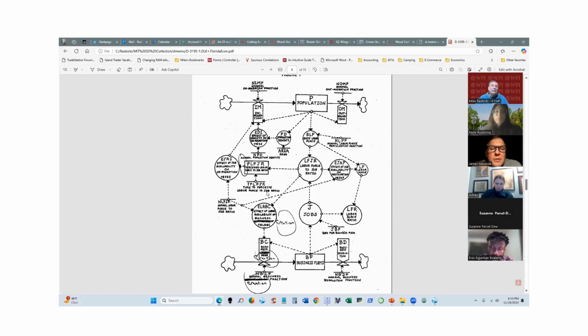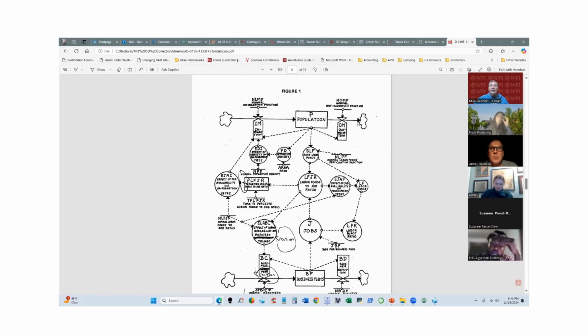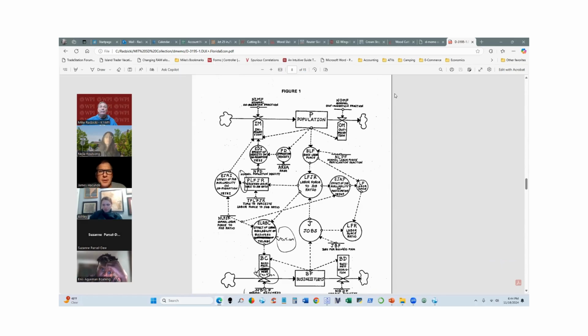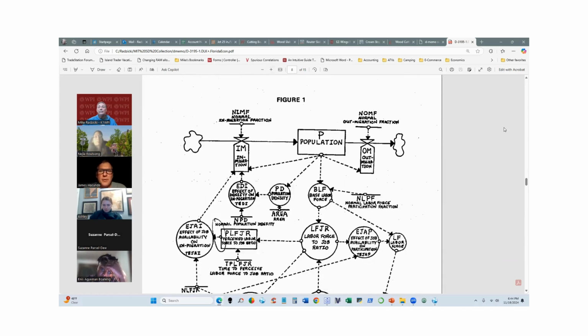So what do we got here? We got population of the state of Florida or a county or Michiana, whatever region, doesn't matter. And you've got in-migration and out-migration. Okay. And this is like normal growth and decline with those fractions, but you don't have anything to do with the intersection with the disease.